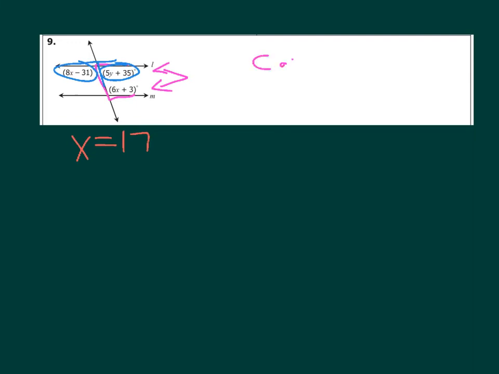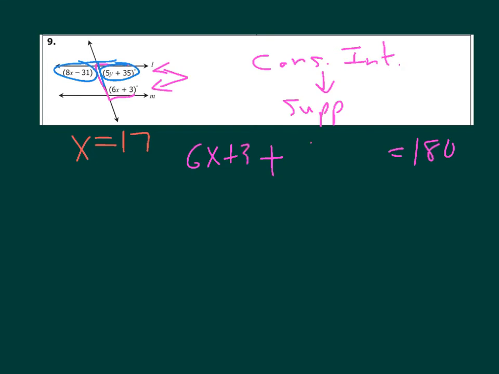But again, I'm just going to pick the consecutive interior for no other reason other than that's the one I chose to focus on. That means that they are supplementary, which means that two things add up to be 180 degrees. And what are those two things? The 6x plus 3 and the 5y plus 35.